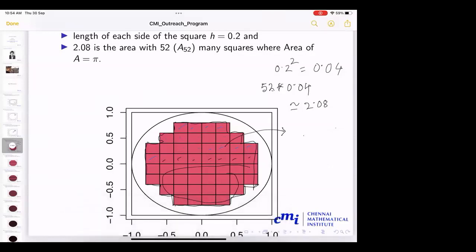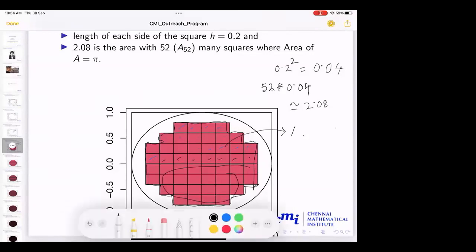So this geometric shape I'm calling A52, because I'm just denoting this geometric shape, and the area of A52 is 2.08. Okay, are you guys with me?